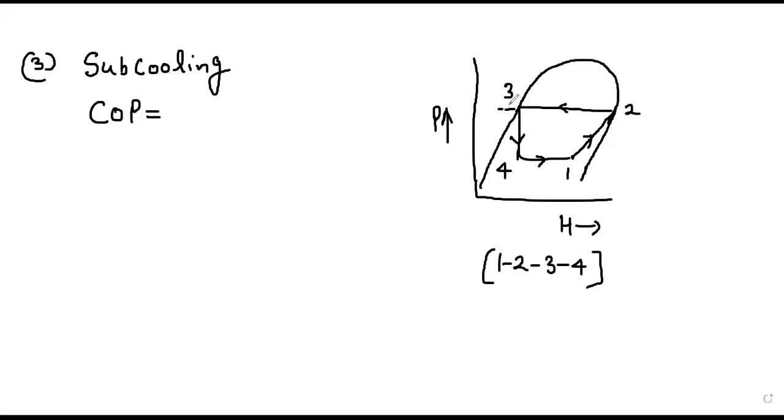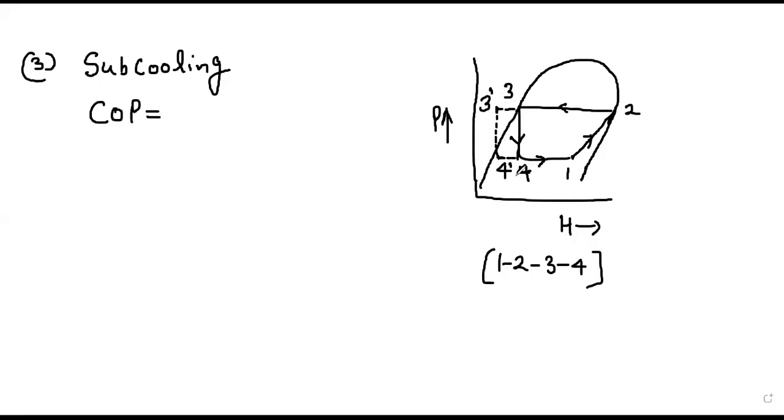So if this is 3, this becomes 3 dash up to this point. So from 3, you can draw a line like this, and join it to this point. So this will be your 4 dash and this one will be your 4.